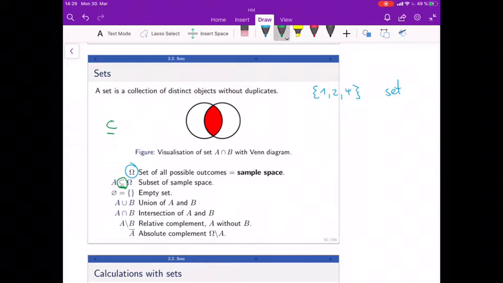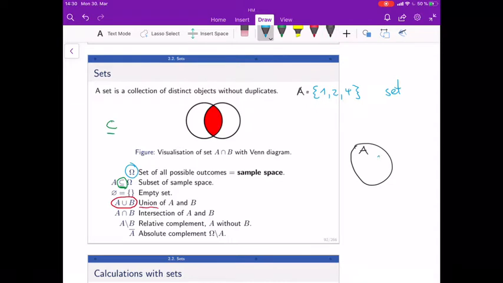Okay, and now come two important ones. The first one is the union of two sets, and I'm gonna explain it. Most of you probably know this, but just because it's so beautiful with the Venn diagrams, I can represent sets with a circle. So this is set A. Now you can imagine, let's say if this is A, then I've got the numbers 1, 2, 4 in this bag floating around.